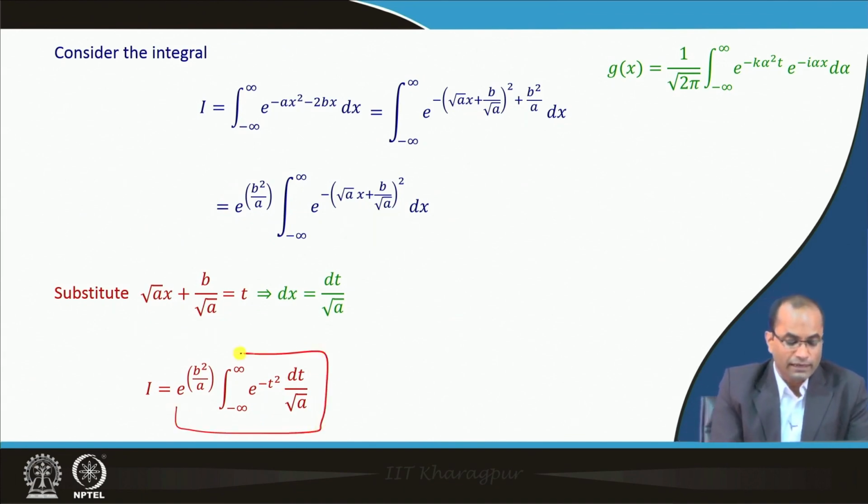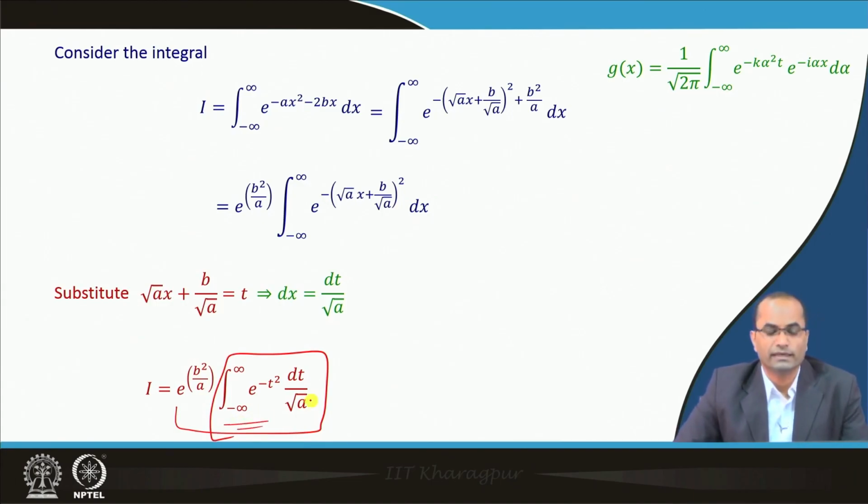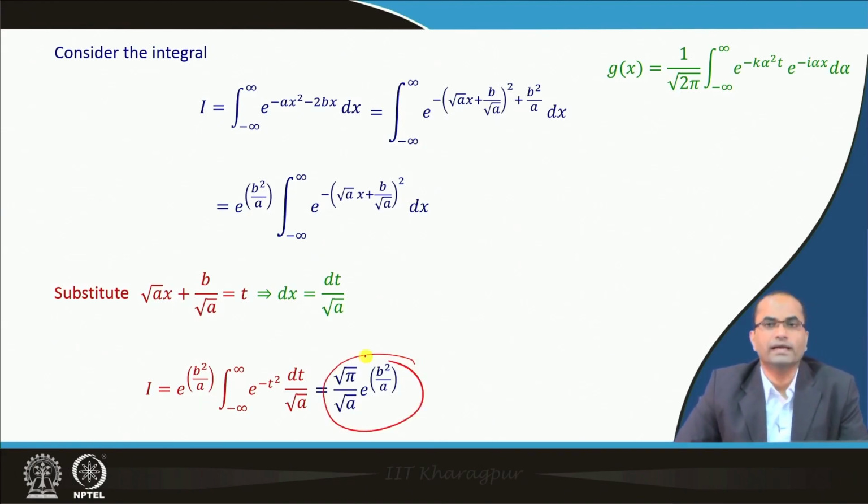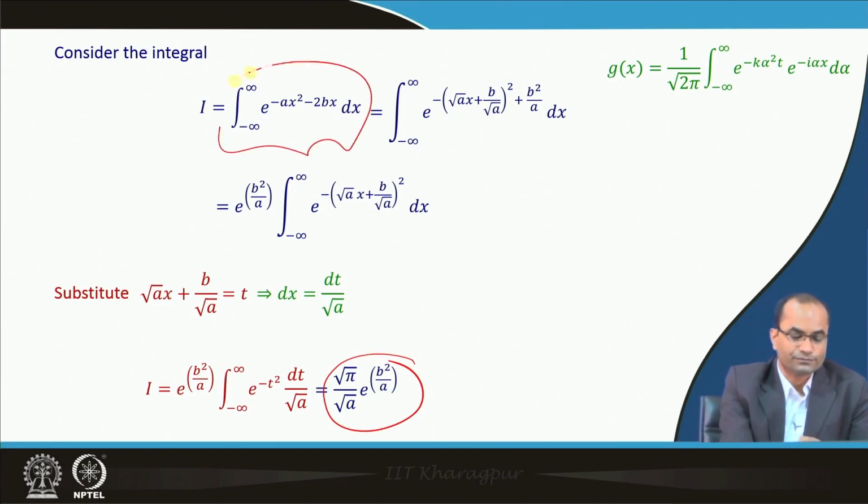Now we know that the integral from minus infinity to plus infinity of e power minus t square dt is square root pi. So, we have the value of this integral: square root pi over square root a, e power b square over a.